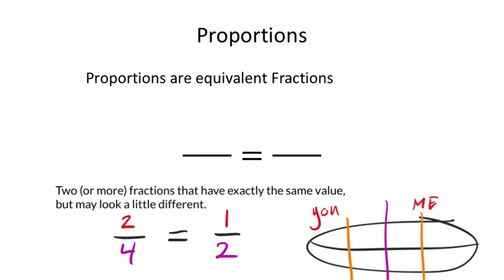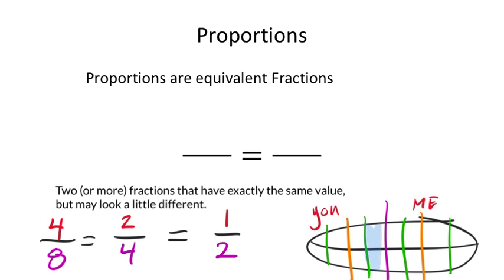In fact, we can expand this even further. If I cut this into 8 pieces, cutting these into halves like this, now you get 4 of the 8 pieces. I'll highlight that here.